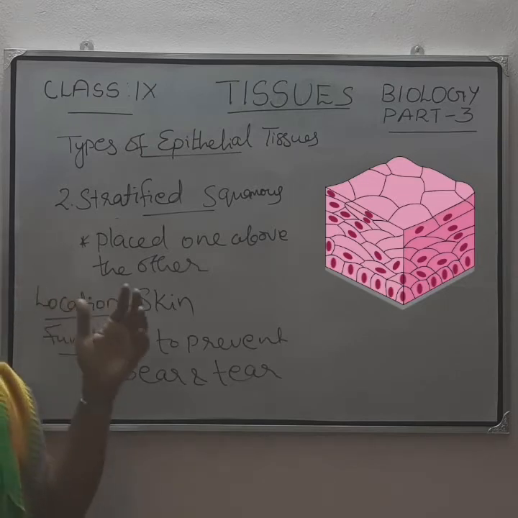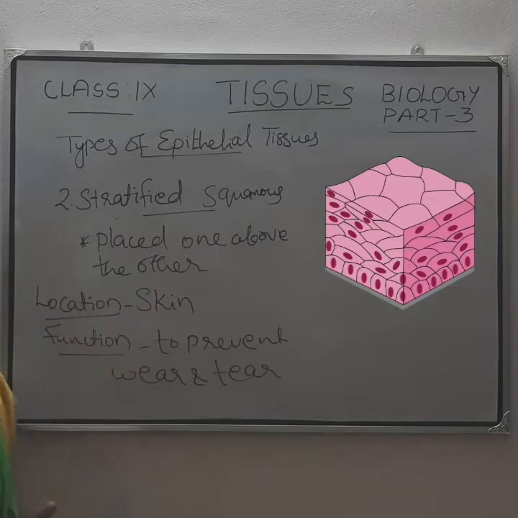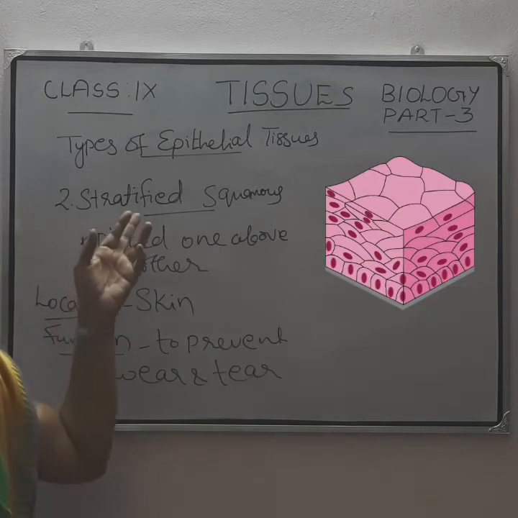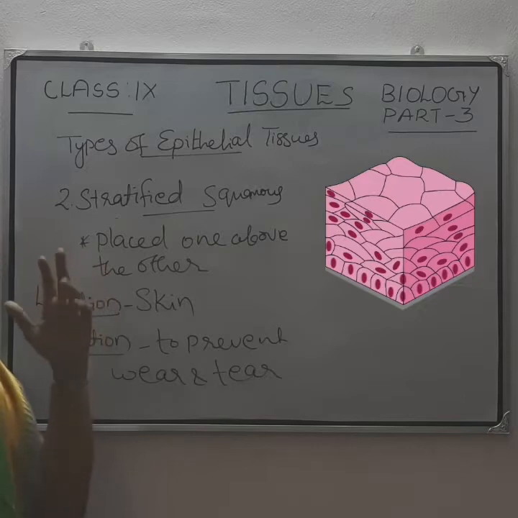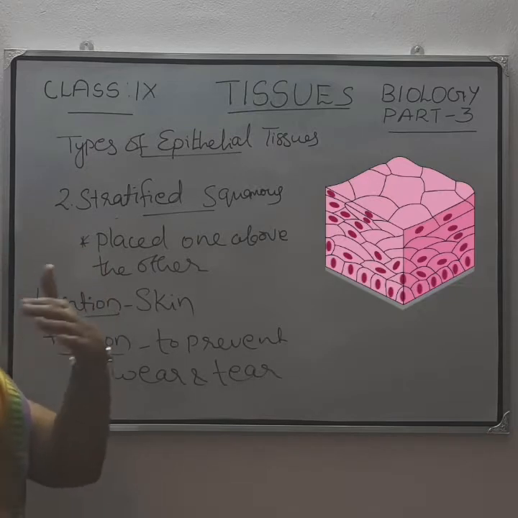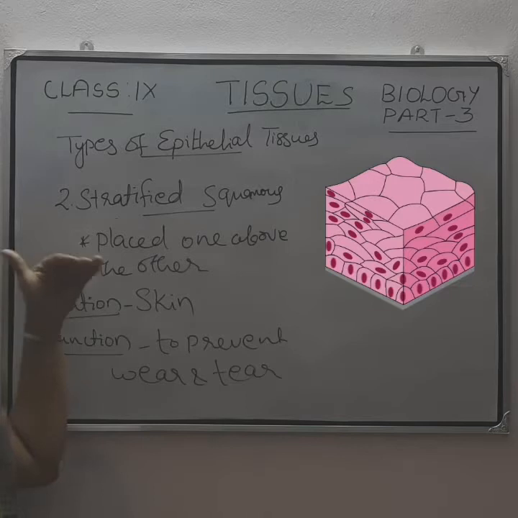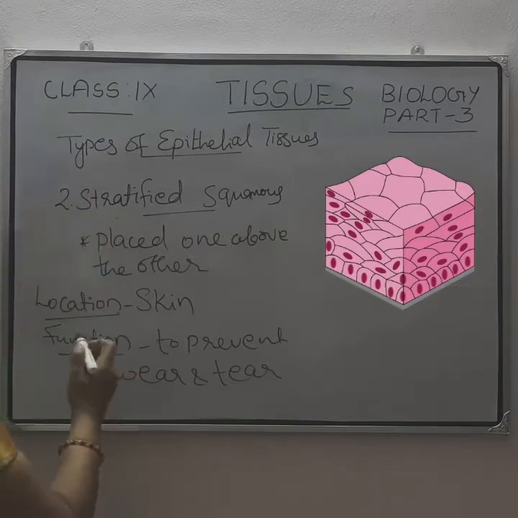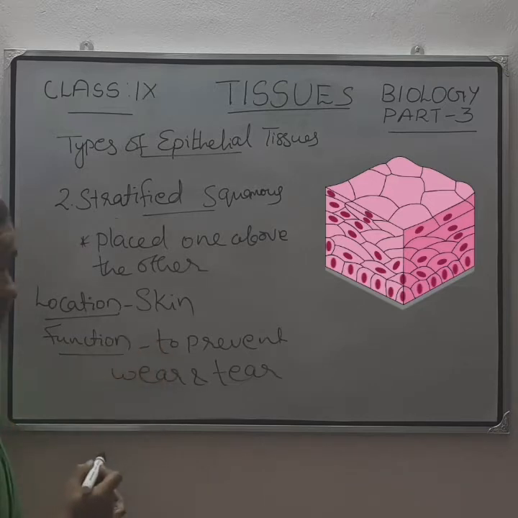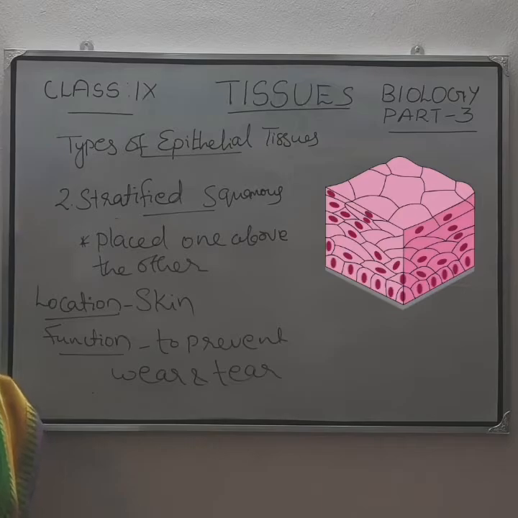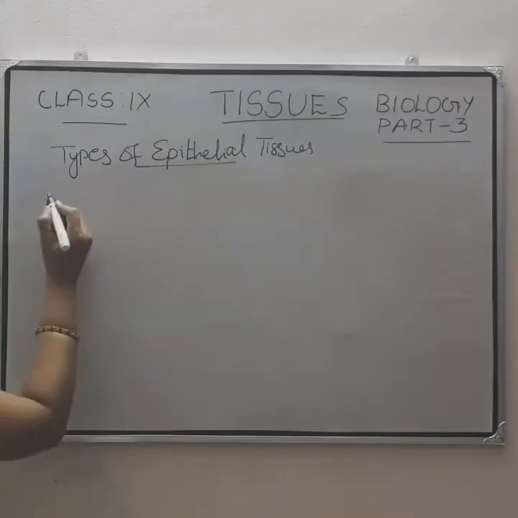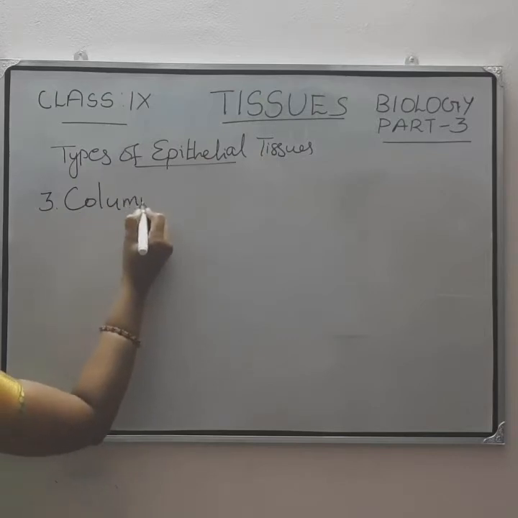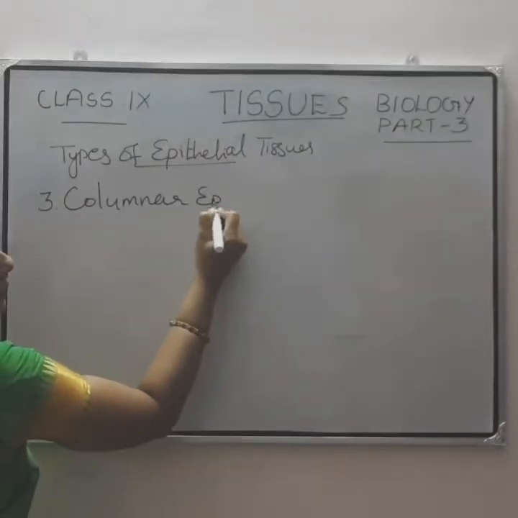It is formed by different layers of cells, so it is known as stratified squamous epithelia. Strata means different layers. The cells are placed one above the other, and it is found where? In the skin. And what is its function? To prevent wear and tear. Okay. Then the third one is columnar epithelium.